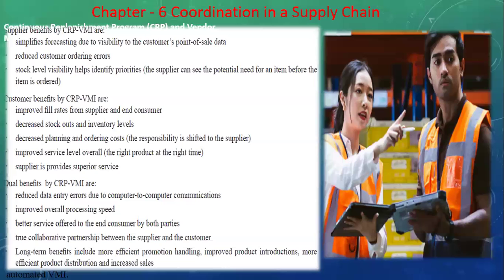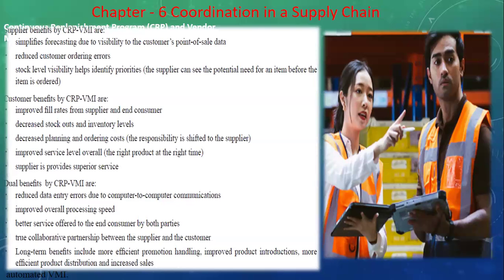So what are the supplier benefits by CRP and VMI? This simplifies the forecasting due to visibility of the customer point of sale data. We can understand this very easily in the malls. The products are sold and by billing they can see how much stock is available.